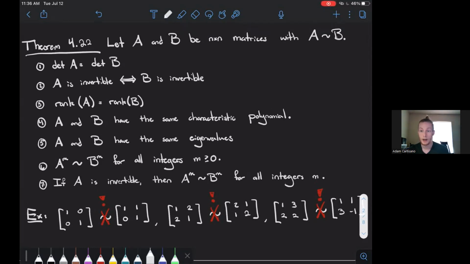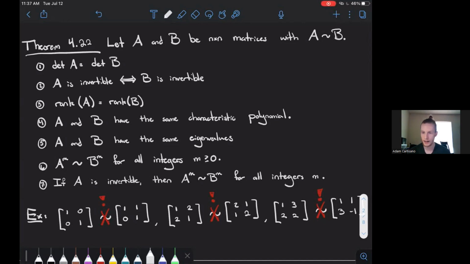These matrices also have the same rank, so keep that in mind. They also have the same characteristic polynomial and eigenvalues. That's a really big deal, and we're going to get to that in the rest of this section. We're going to exploit that fact pretty heavily.